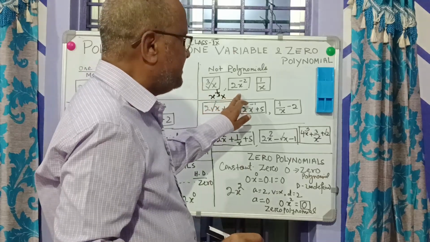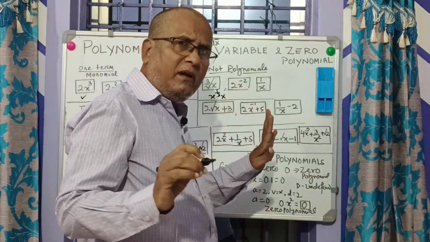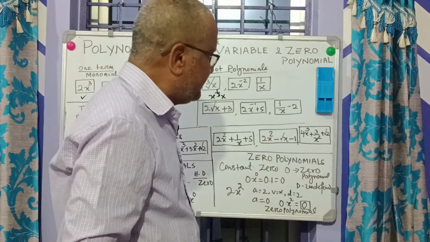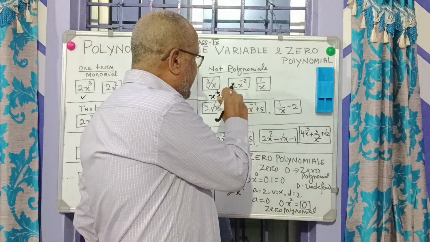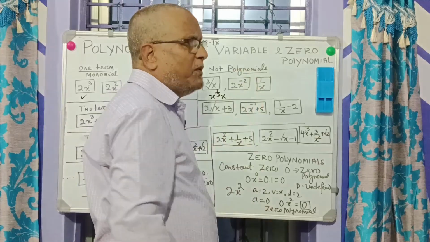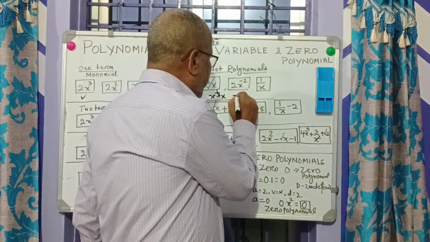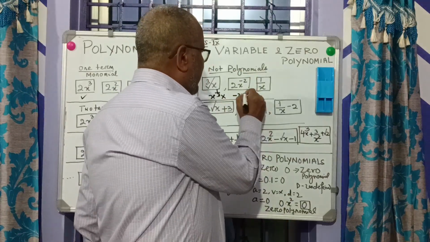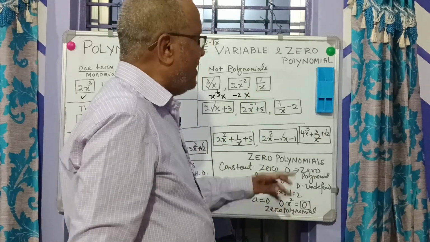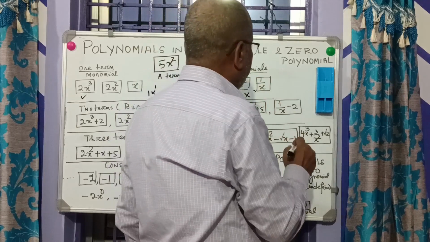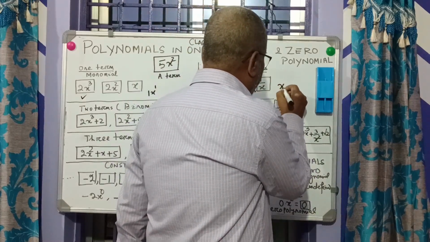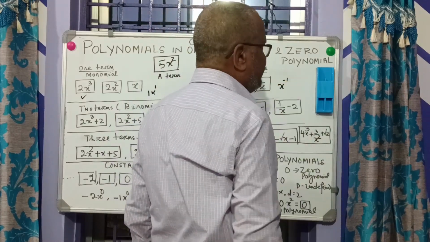Now look here. Is it a polynomial? Please check it. Here the variable is x, the coefficient is 2, but the exponent is a negative integer, so it is not a polynomial. Now look at this, 1 by x. We can write x power minus 1.